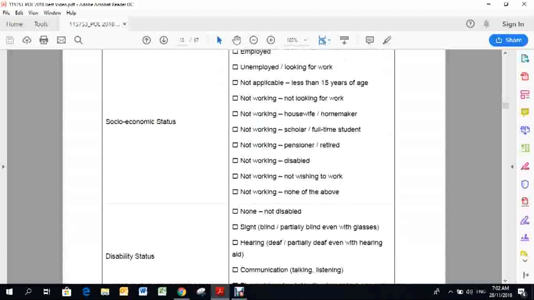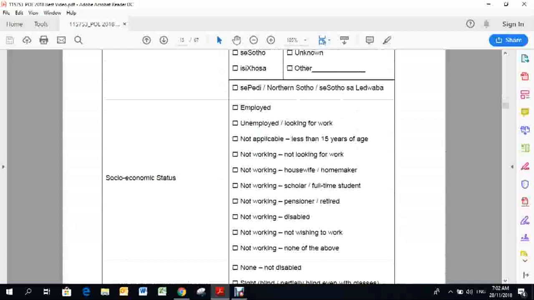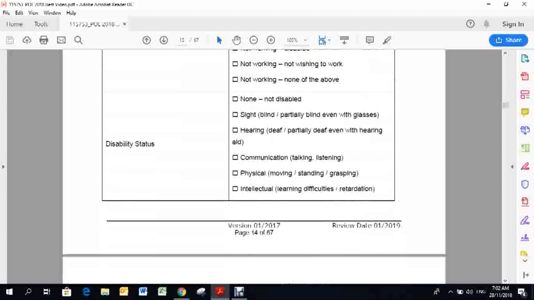Socioeconomic status, are you employed, unemployed and not looking for work, or you're looking for a job. Then disability status is very important to indicate, because it is one of the main important things we look at in assessment or in learning. Go down.